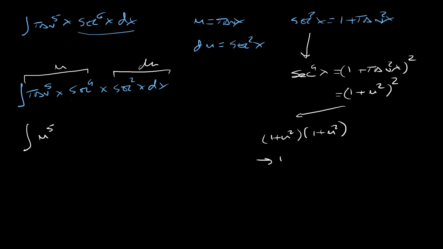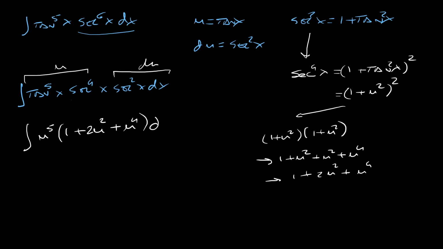So this is 1 plus u squared times the same. This is the same thing as saying 1 plus u squared plus u squared plus u to the fourth power, or in other words, 1 plus 2u to the second power plus u to the fourth power. So substituting it back here, we get 1 plus 2u squared plus u to the fourth power du.